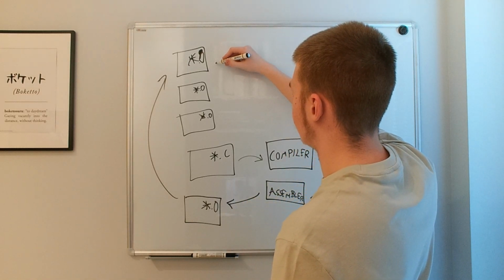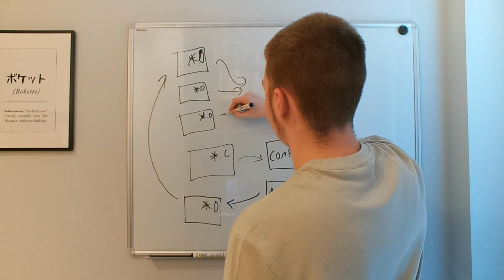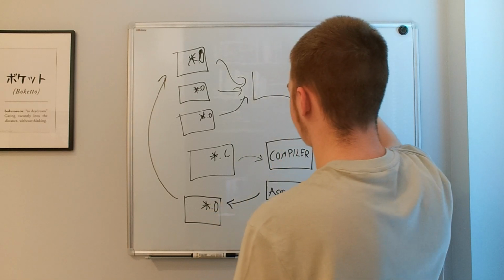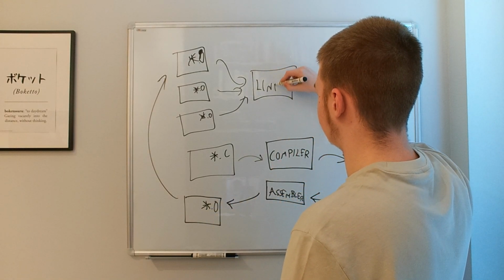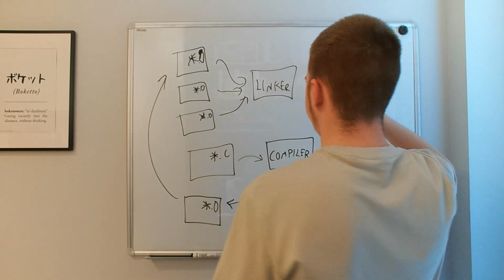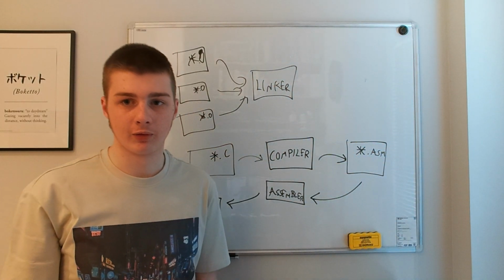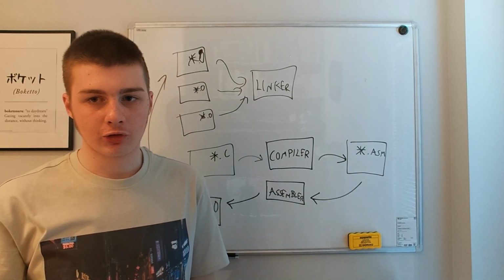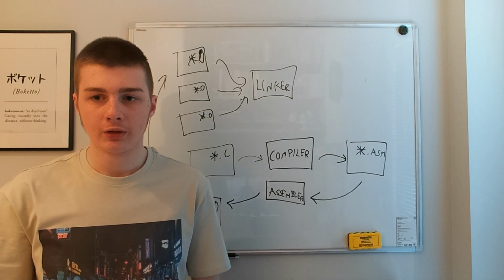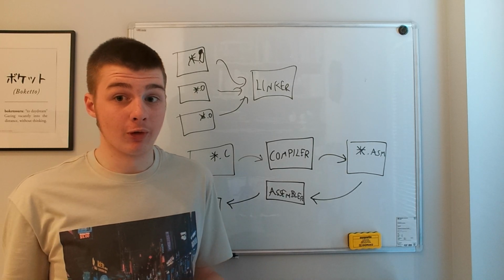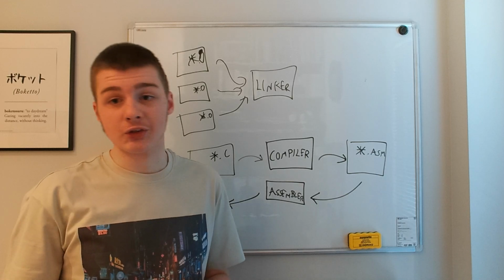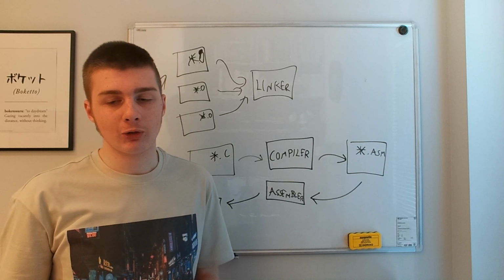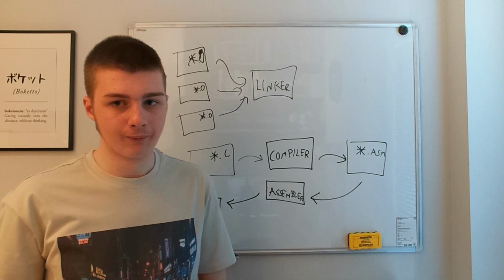And the idea is you pass them to a program called a linker. The linker is responsible for actually taking those objects and managing them in such a way that you can create one final executable.